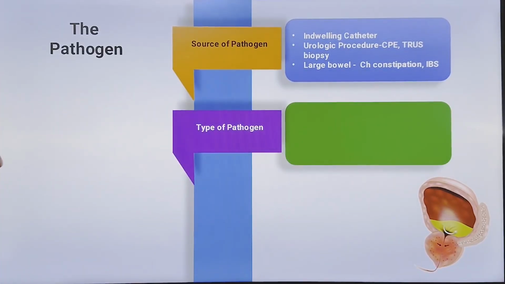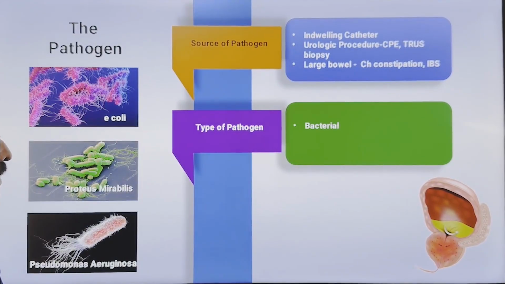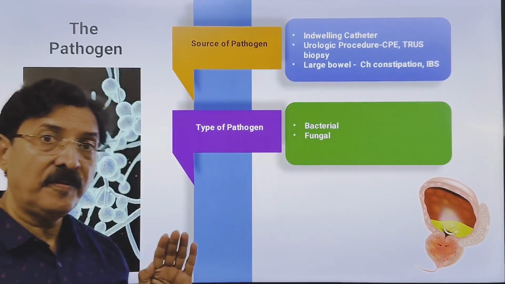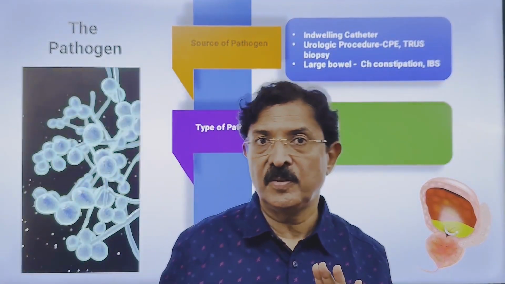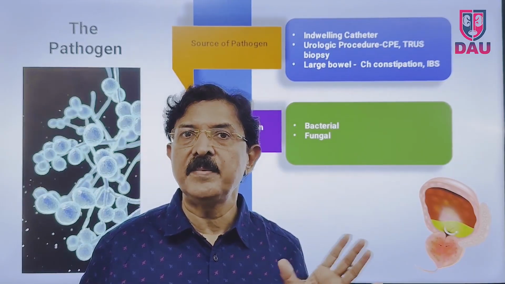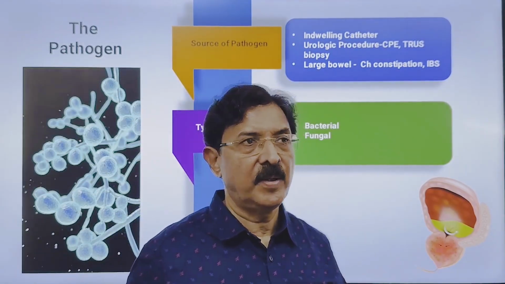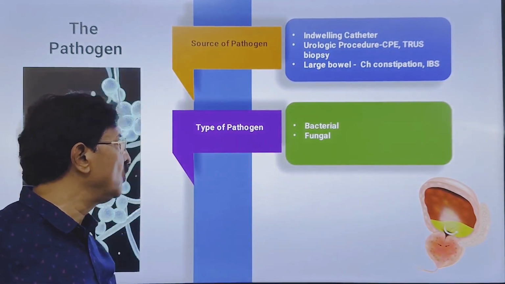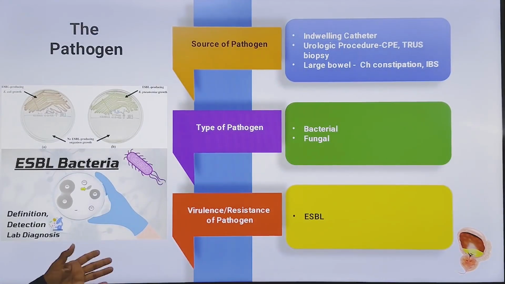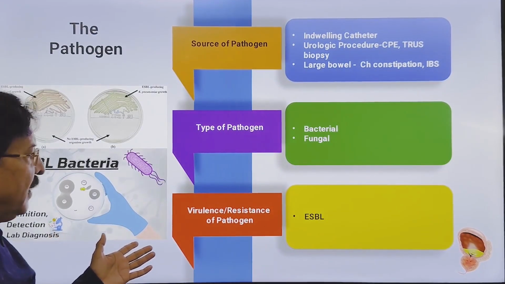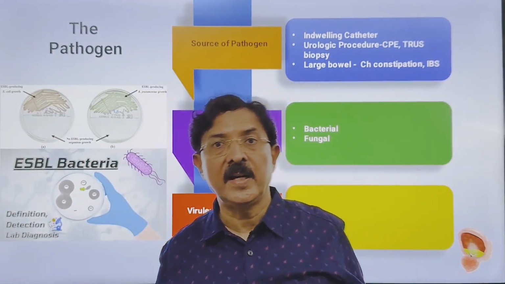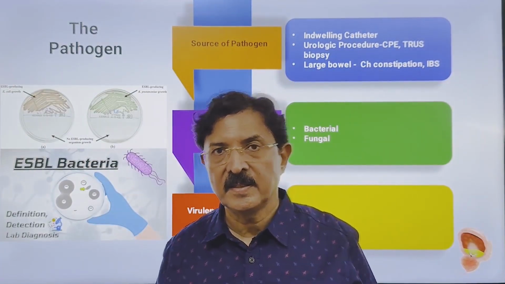The type of pathogen may be bacterial, or remember about fungal also in some patients of prostatic enlargement, because catheterization 2-3 times can introduce fungal infection, particularly if it is a diabetic individual. In some patients, it can even be a virulent or resistant pathogen if the patient has had a catheterization in ICU or in a hospital setting somewhere.